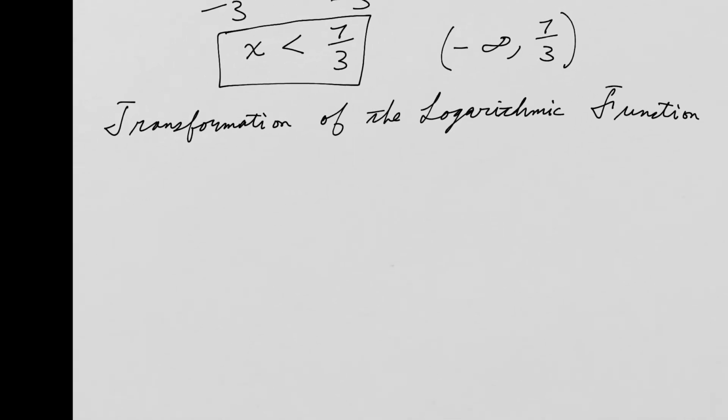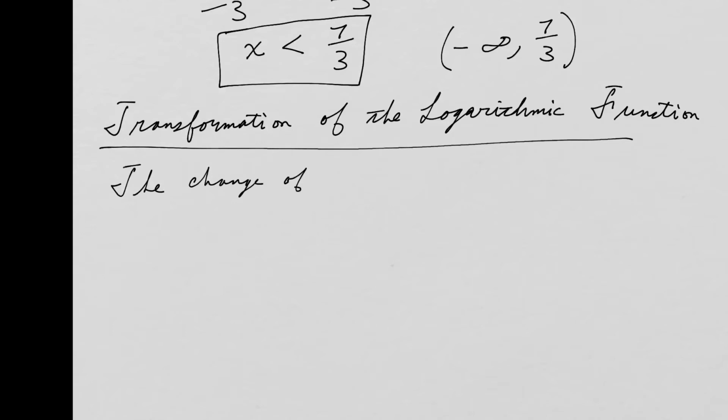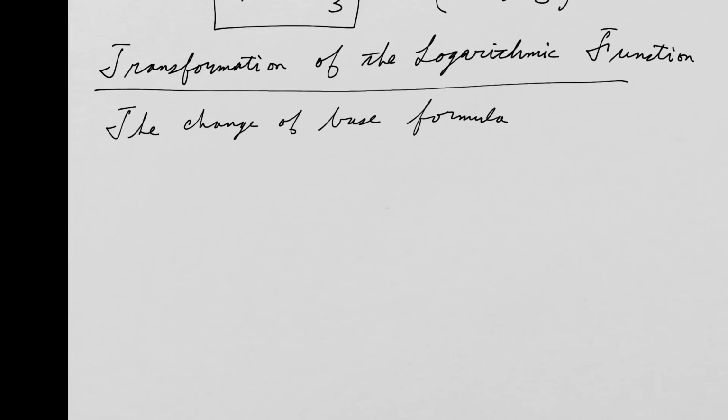Okay, so one thing that's sort of interesting, if we look at the change of base formula, remember what it says is that log base b of x is equal to log base c of x over log base c of b.